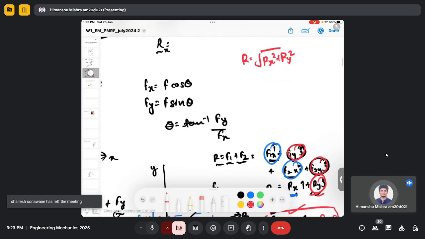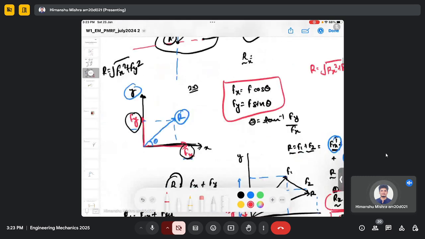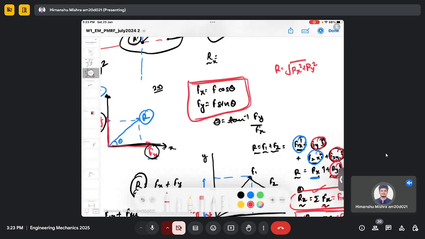So basically, there are three things to know. First, find the components of the forces, given that you have already defined the Cartesian coordinate system, and find the component of each force along each coordinate direction. That can be given by a simple trigonometric rule.